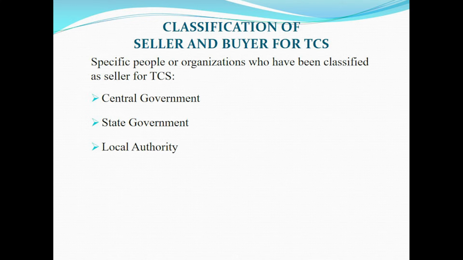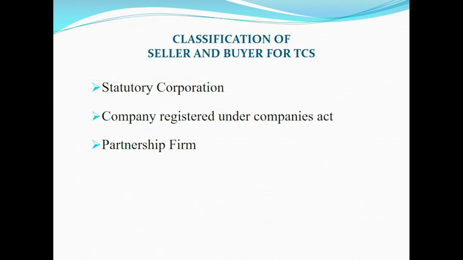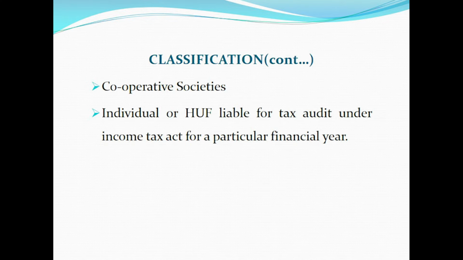They are central government, state government, local authority, statutory corporation, company registered under the Companies Act, partnership firm, cooperative societies, individual or Hindu undivided families liable for tax audit, which comes under the purview of the Income Tax Act in that particular financial year.